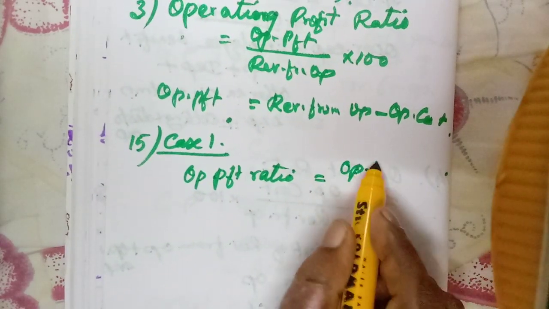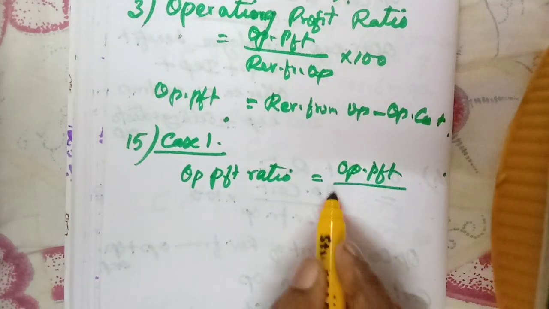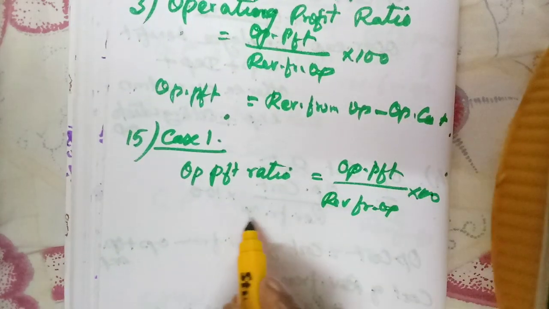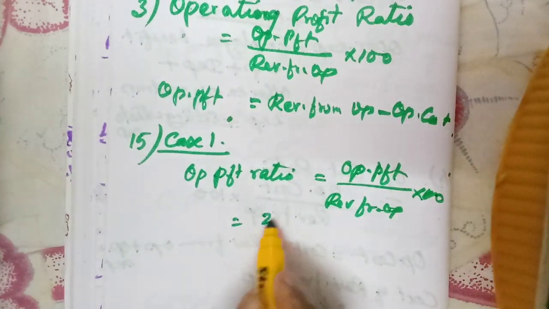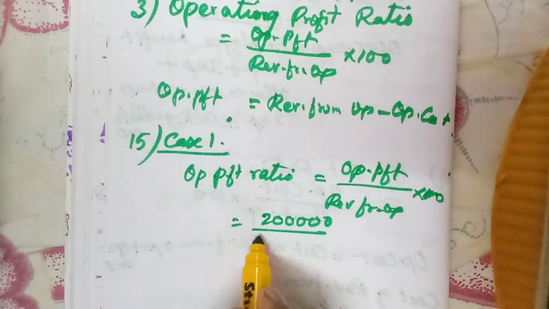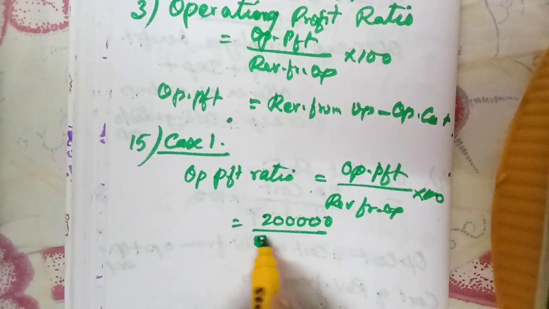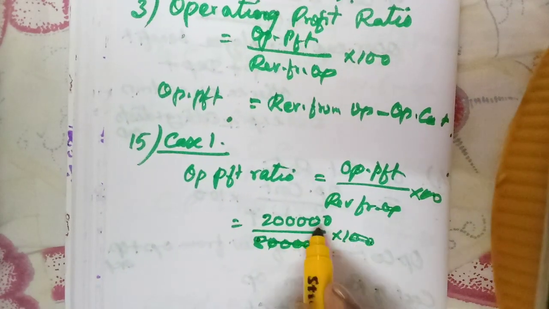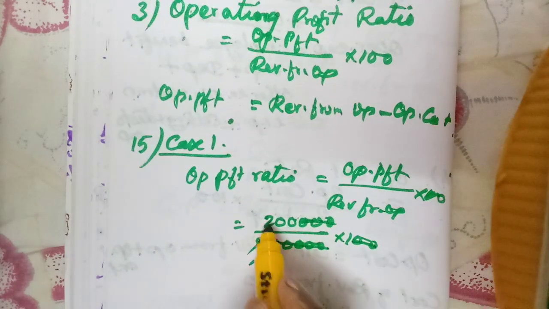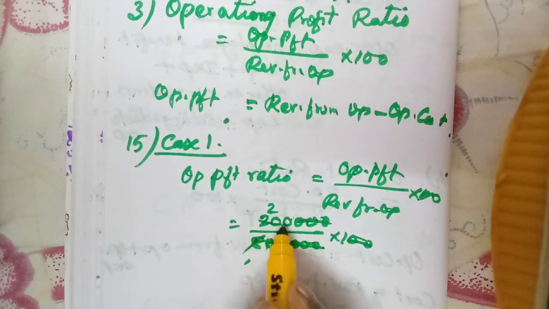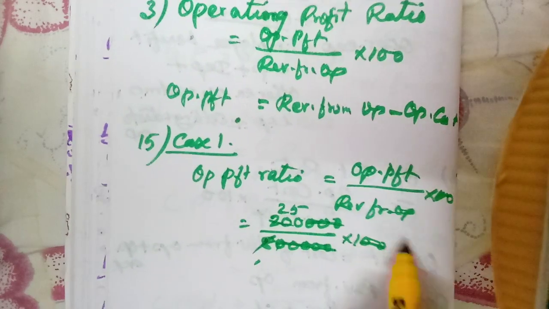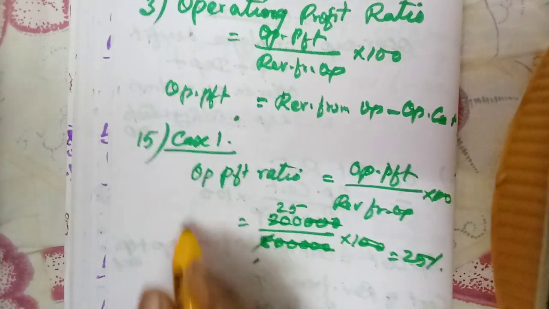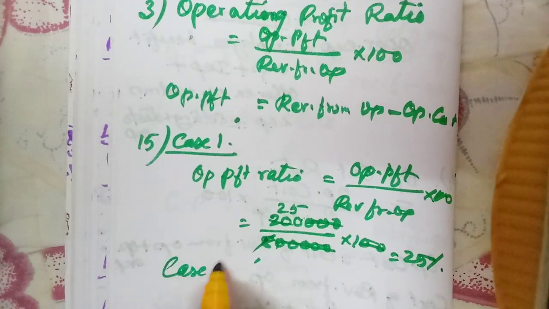Operating profit divided by revenue from operation into 100. Here operating profit how much? 2 lakh. Revenue from operation 8 lakh into 100. 2 8s are 16. Balance 4, 25. So answer is 25%.